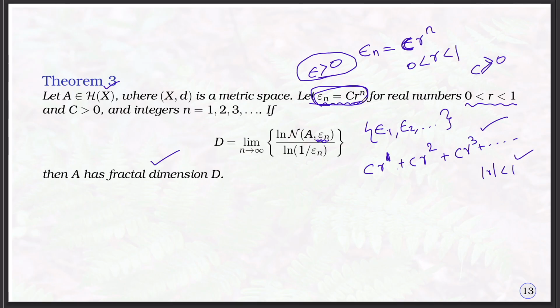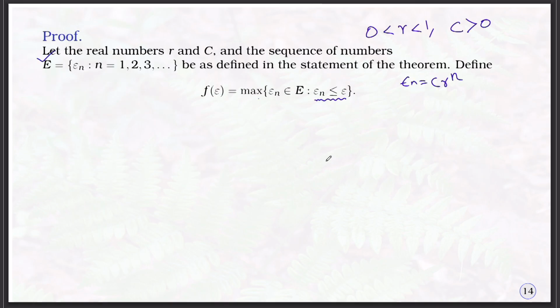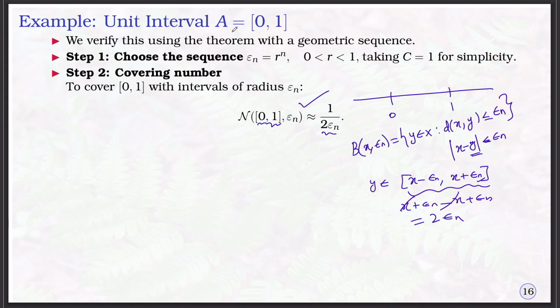For practical computation, if you choose this sequence to find the fractal dimension, it is an easy way. For the two objects here, A equal to 0 comma 1 and the Cantor set, we chose this type of geometric sequence, and we obtained the fractal dimension of both the closed interval 0 comma 1 and the Cantor set.